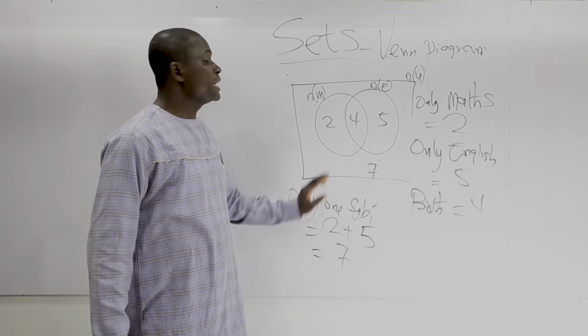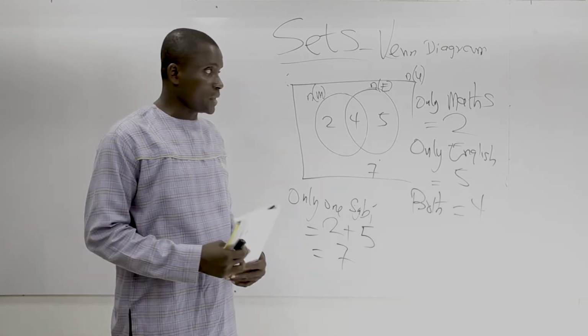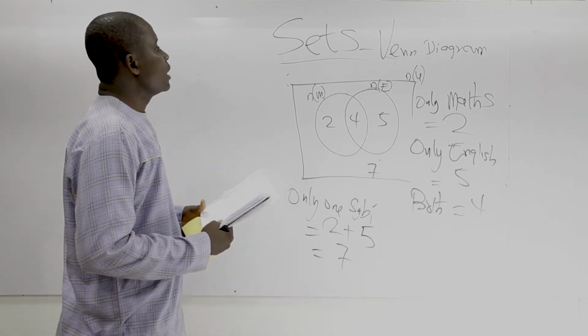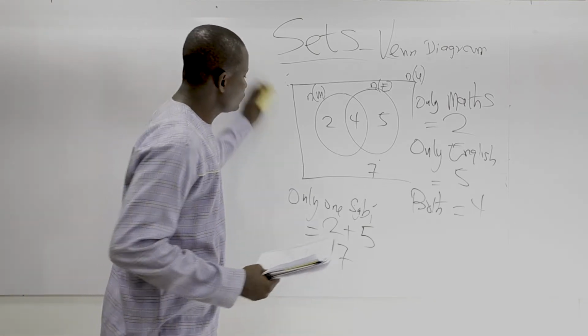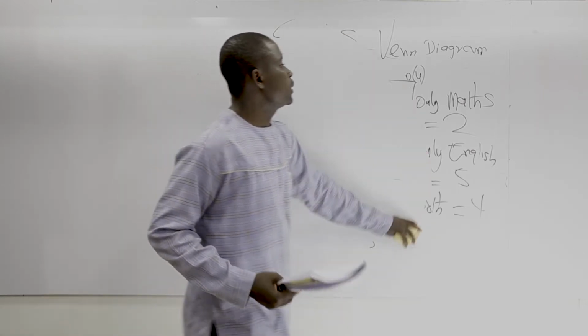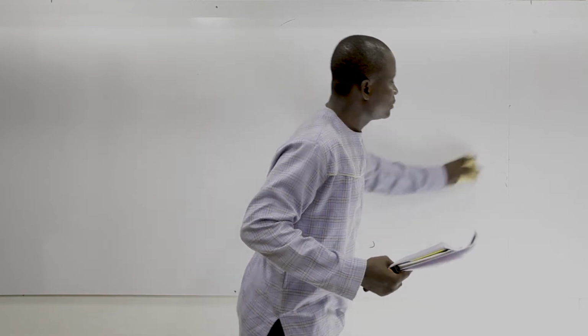There are 7 people who are in the class, even though they are in the class, they didn't patronize any of the subjects. Are you getting the point? Yes, that is how it is. So, without wasting time, I think we have to start solving problems, because we're going to be solving more problems than talking.